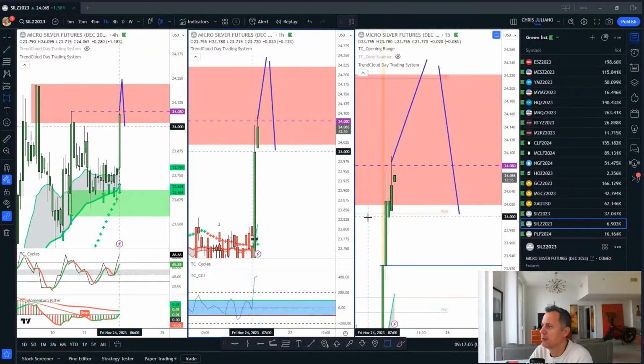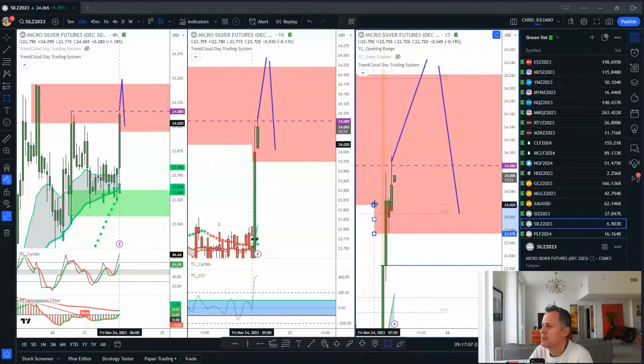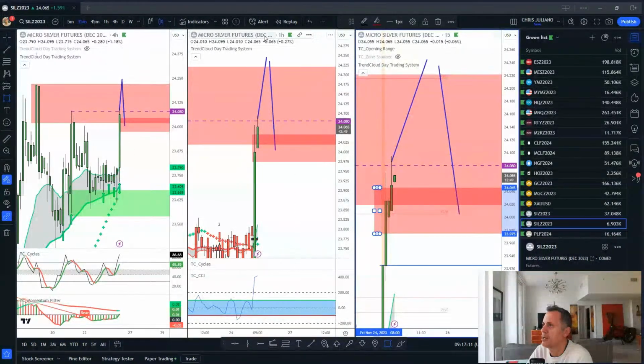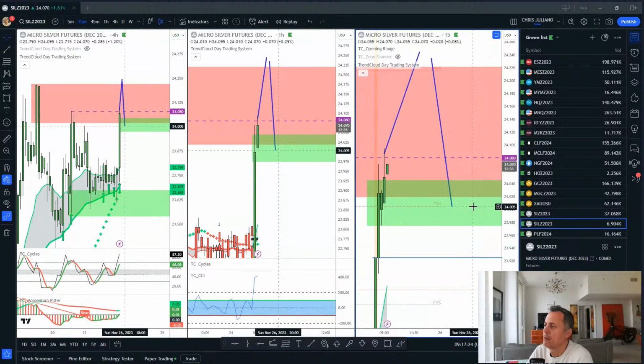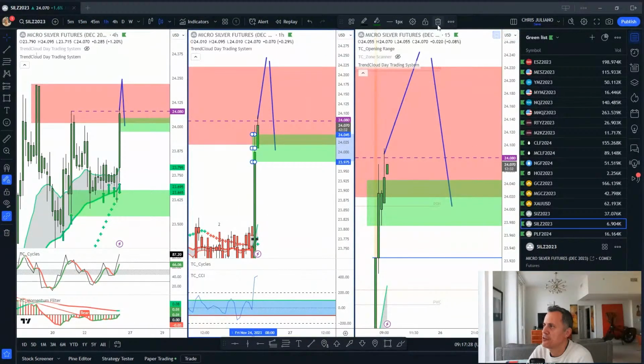What do we have here? Rally base, almost like a rally base rally right in here, right? We can wait for that, right? And it's right at the top of the opening range breakout, but that hasn't occurred yet. That hasn't happened yet. That's just a plan.